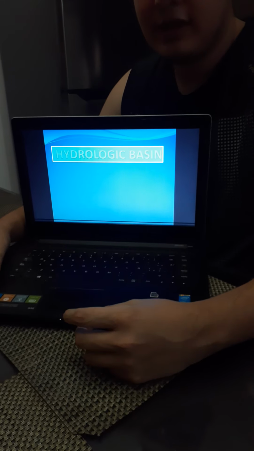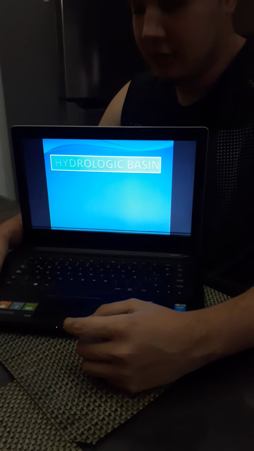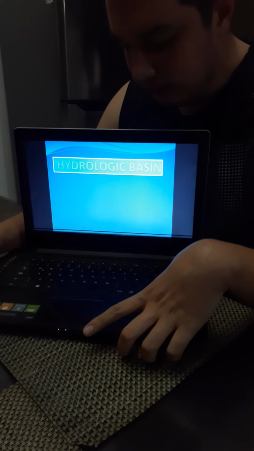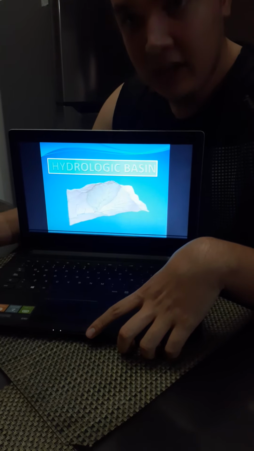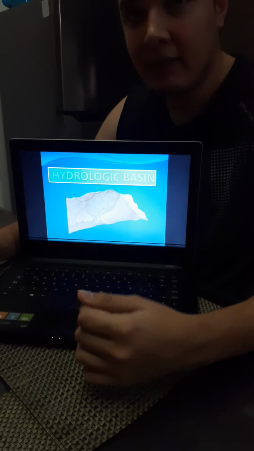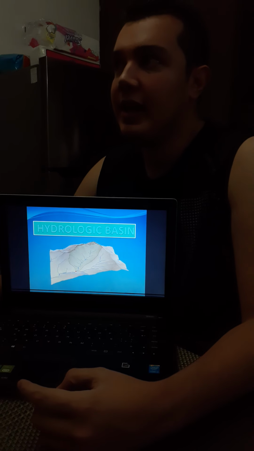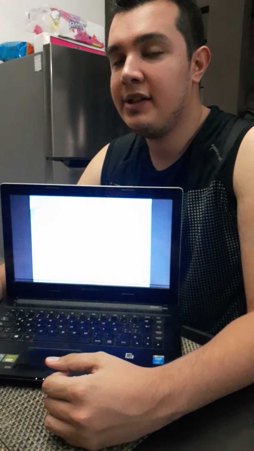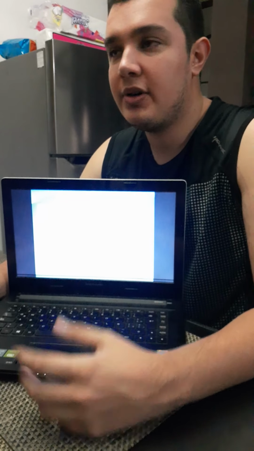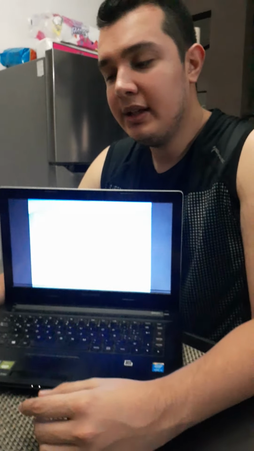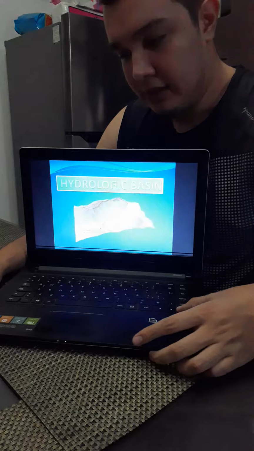To start this project, I'm going to explain the definition of a hydrological basin. A hydrological basin is a natural cavity where the rainwater accumulates and circulates in a portion of a territory, and it is important to define its parts.